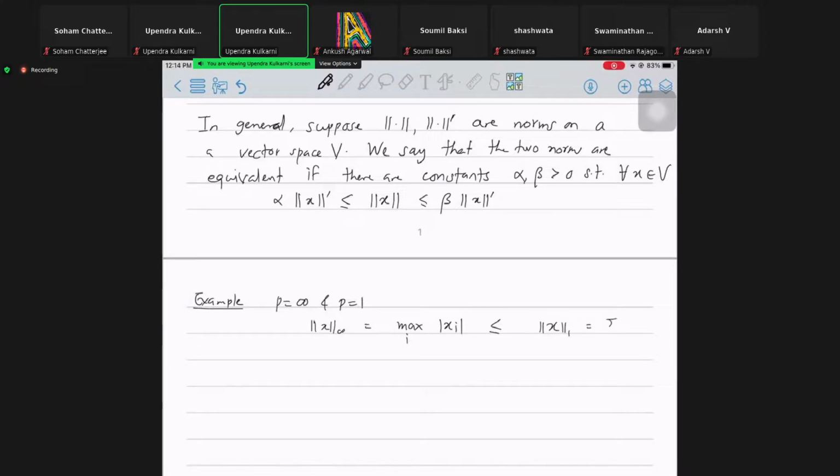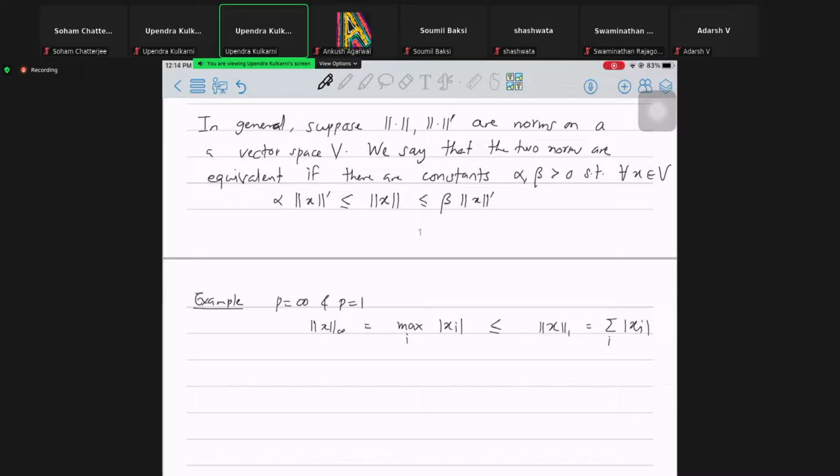I'm just adding all the entries. Certainly if I take the sum of a bunch of non-negative numbers, it is going to be at least as big as the largest of them, because the largest one is contributing to that sum. So this gives me one of those.